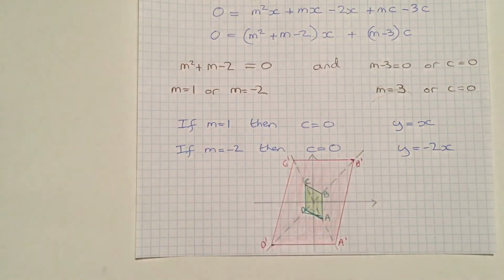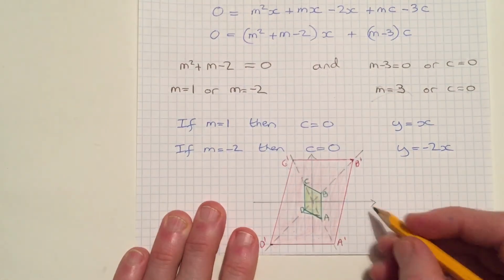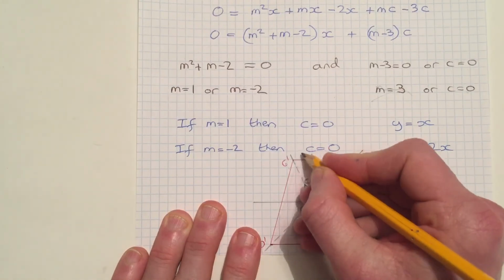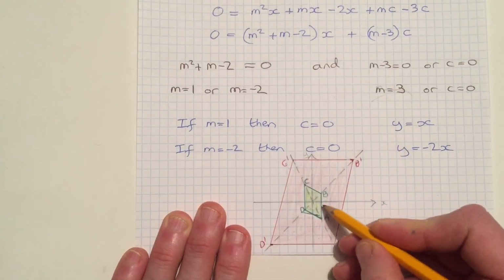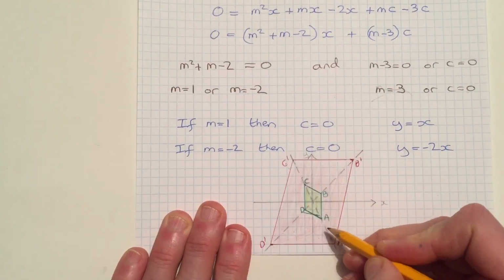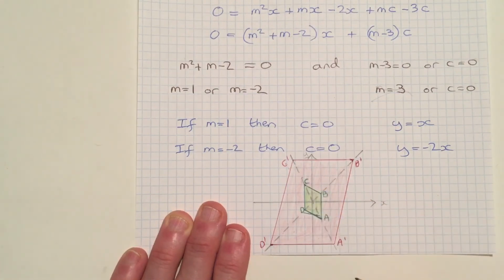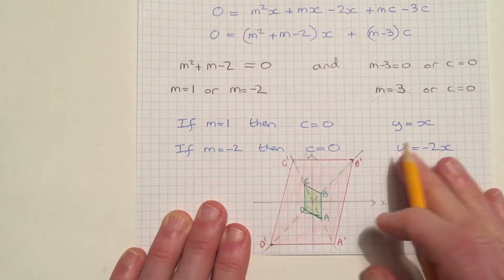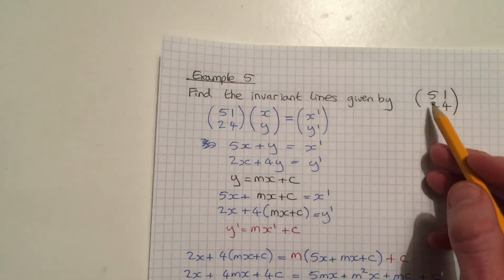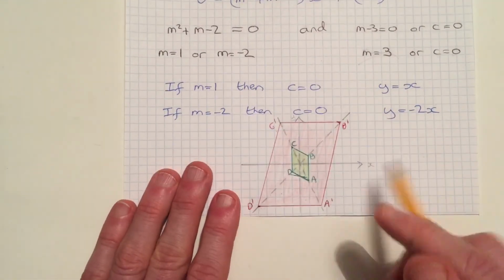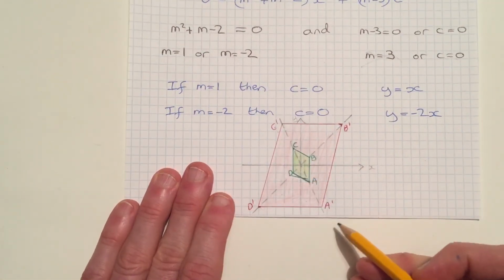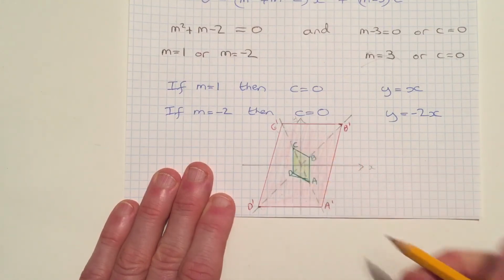And just to show you what that transformation actually looks like, I've just tried to draw it out here. We have obviously our x and y coordinates here. We've got our original parallelogram here, A, B, C, D. And when I've applied that matrix to this green parallelogram, it has transformed it to become this red parallelogram.